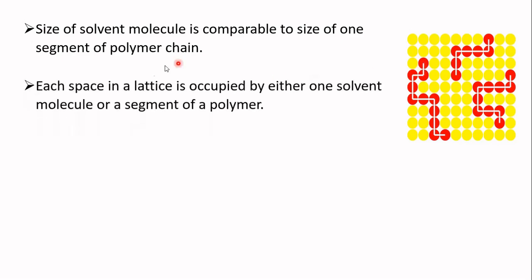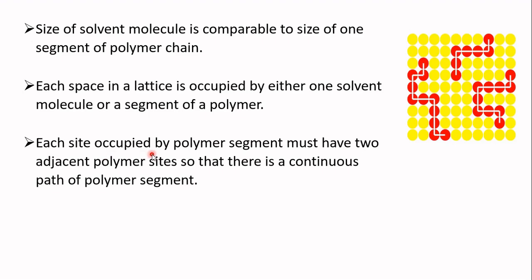And the next assumption is each space in a lattice is occupied by either one solvent molecule or a segment of polymer. If you consider the crystal lattice, each lattice point is occupied either by the solvent molecule or by one segment of a polymer. The lattice site is not occupied by the entire polymer molecule. This lattice site is occupied by one segment of a polymer or one repeating unit of a polymer.